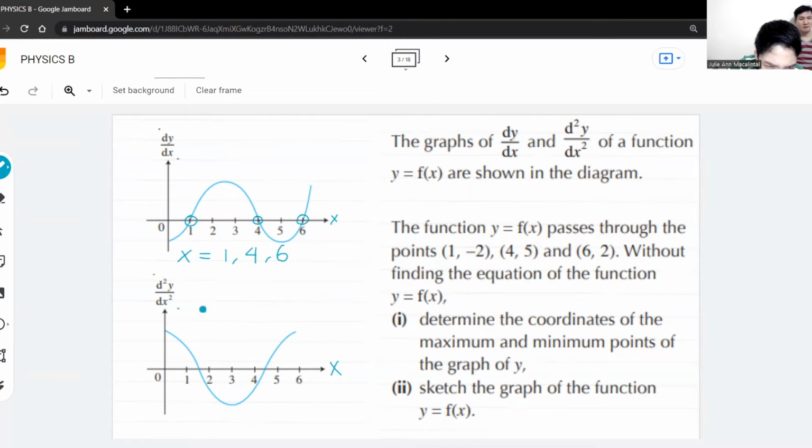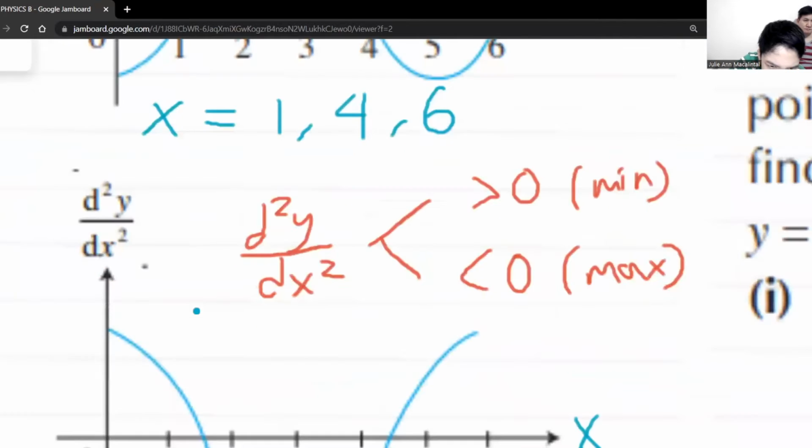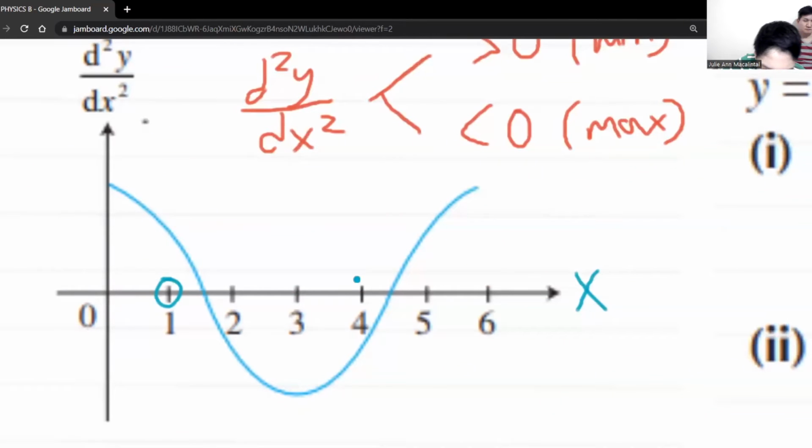to find the minimum and maximum: when d²y/dx² is greater than 0, it is a minimum, and when it is less than 0, it is a maximum. So here are our points that we have chosen, 1, 4, and 6.